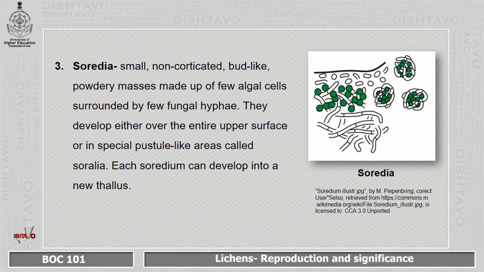They develop either over the entire surface or on special pustule like areas called soralia. Each soredium can develop into a new thallus. So, as you can see in this image, the formation of soredia with few fungal hyphae and few algal cells.